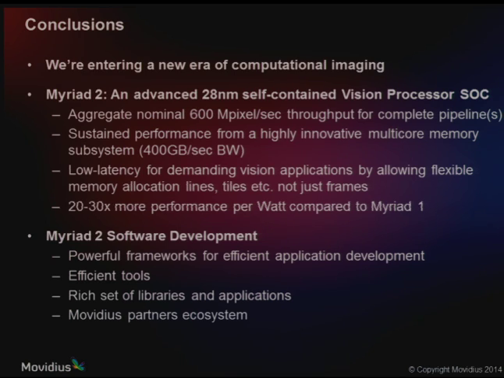It's our belief that you will see VPUs, or vision processing units, being to visual computing what GPUs are to graphics, very widely deployed in the industry in the coming years. So that concludes the talk. If you have any questions at this point, I'd be happy to take them.